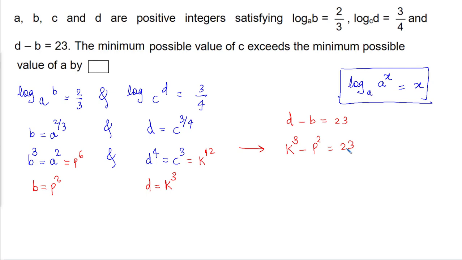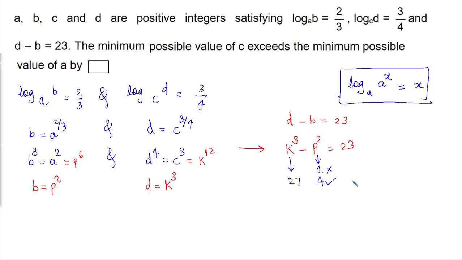Okay everyone, so let's try to guess the values of k and p here. Can I put p is equal to 1? If I put p is equal to 1, p square is equal to 1, then k cube will not be a perfect cube. If I put p is equal to 2, that is p square is equal to 4, then the value of k cube is equal to 27.